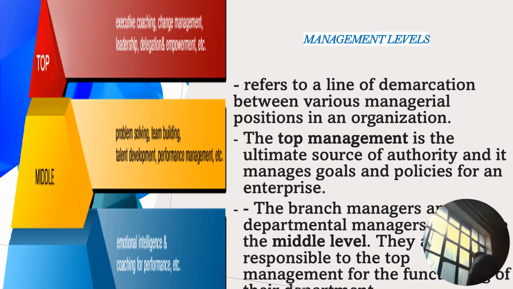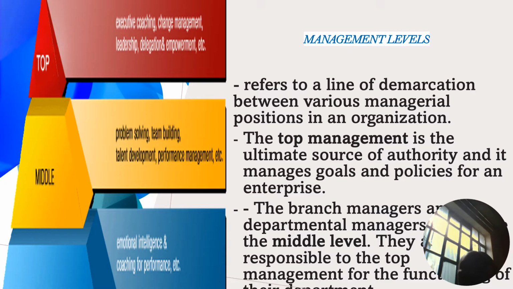For you to understand this well, I want you to think of a triangle. At the top, at the apex of the triangle, that is where it is narrow, and that is where we have the top management. At the middle of the triangle, that is where we have the middle level managers. Then at the bottom of the triangle, where it is wide, that is where we have the lower level managers.